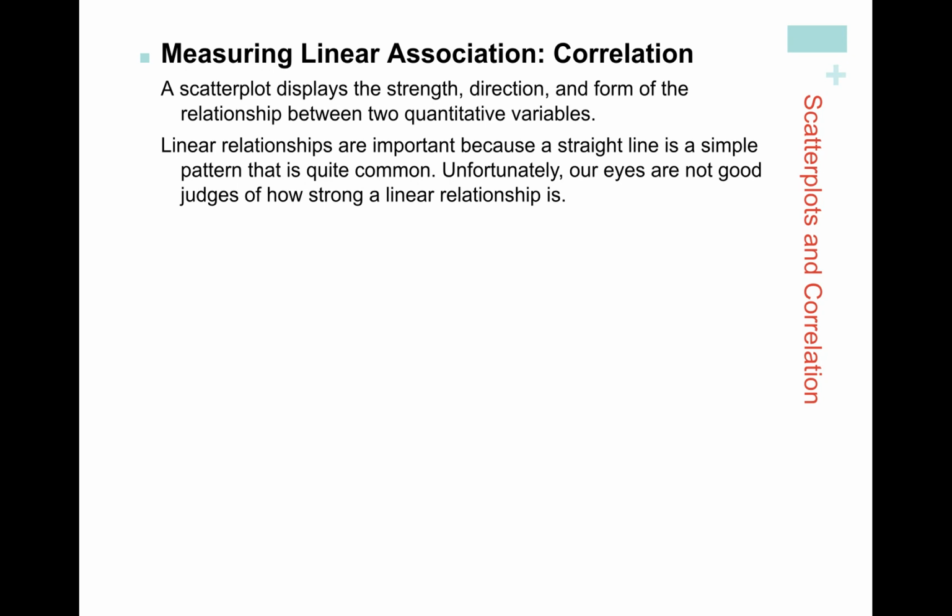All right. So now we want to measure how strong the linear association is. A linear association specifically is called correlation. Bivariate data can be associated in any way. You could have an exponential association, or some type of parabolic association.